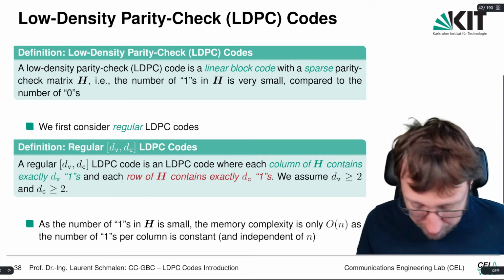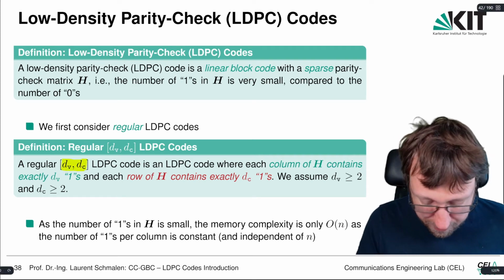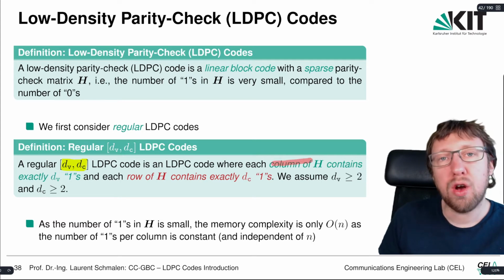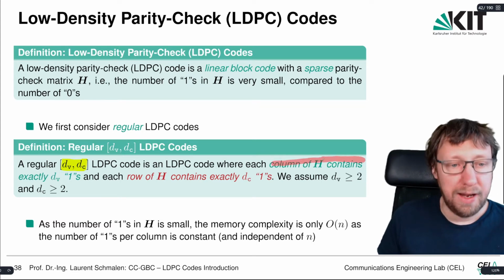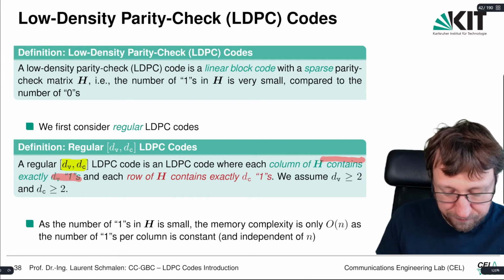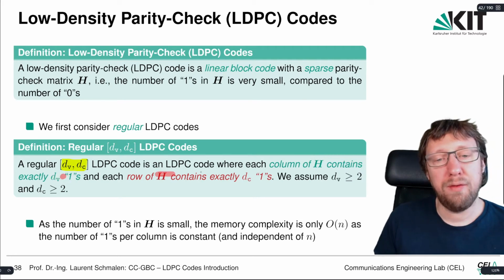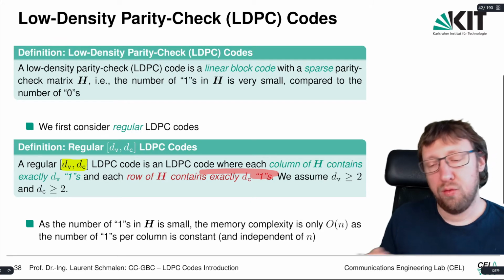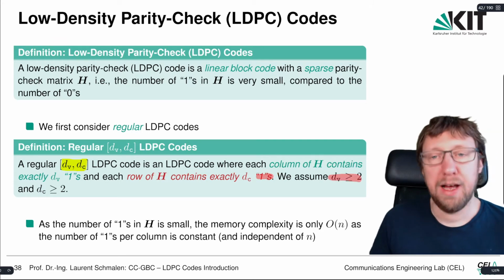A regular LDPC code is a code where each column of H contains exactly dv ones, and each row of H contains exactly dc ones. And we assume that dv and dc are larger than or equal to 2.